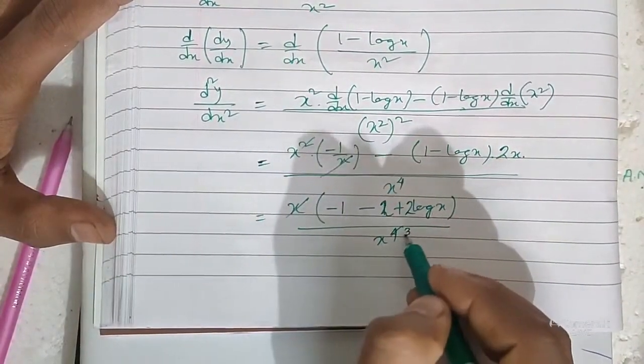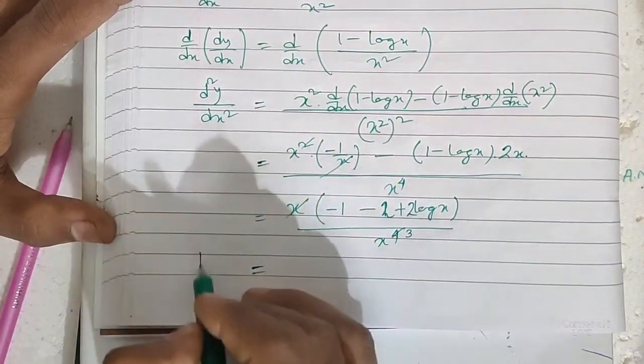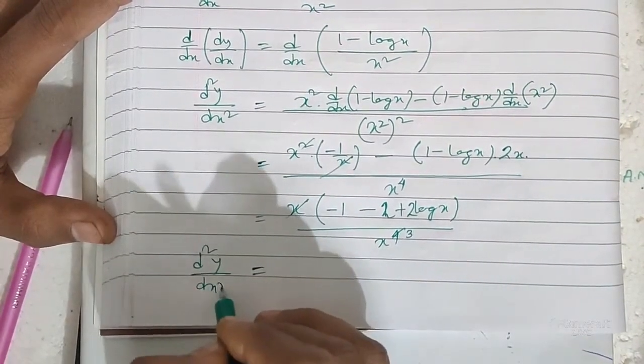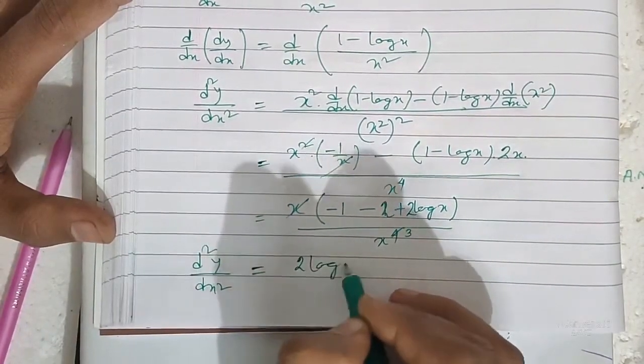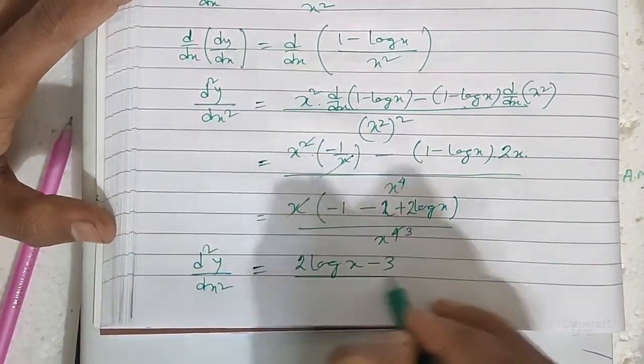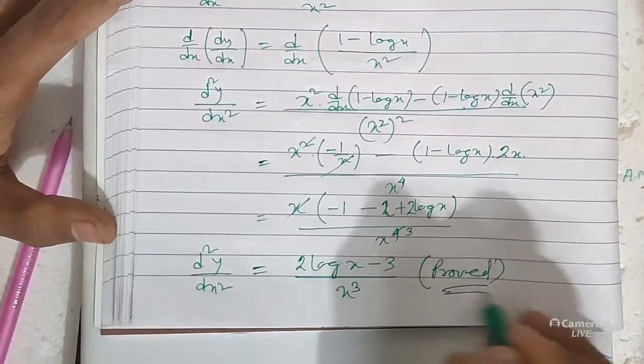So x will cancel to this and it will become x cube. So what will be our ultimate answer? d2y by dx2 is equals to 2 log x minus 3 divided by x cube, and this we have to prove. Proved.